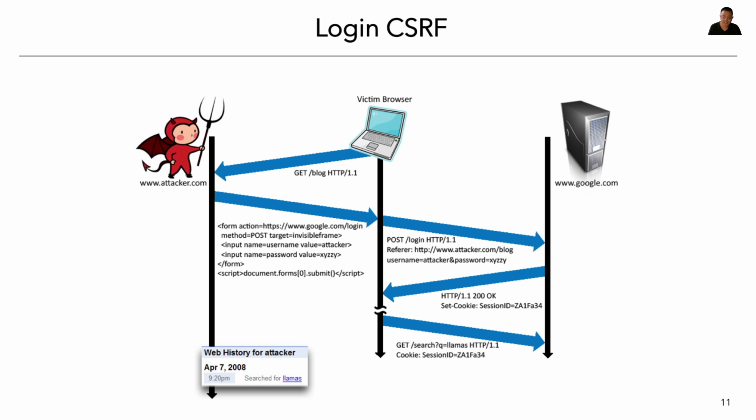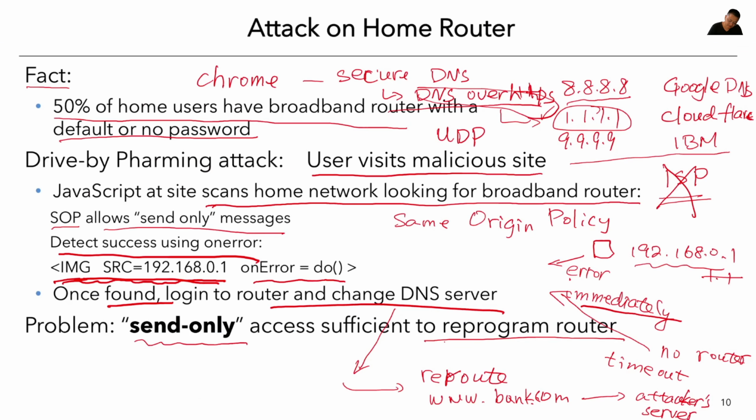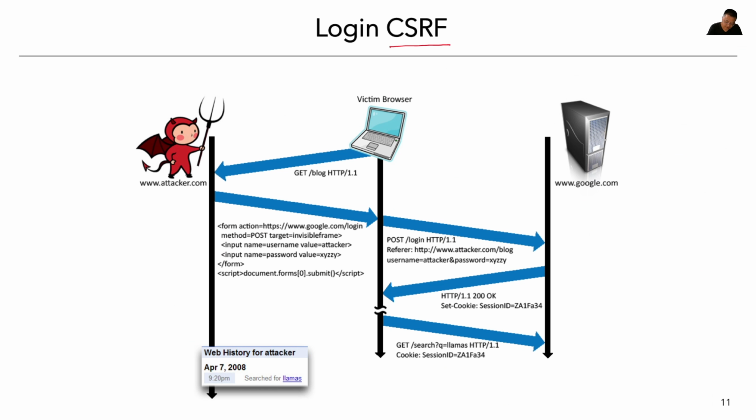So here is another form of cross-site request forgery. In this case, the server is vulnerable to login cross-site request forgery. Basically, the attacker can log their account into this server on the victim's browser.